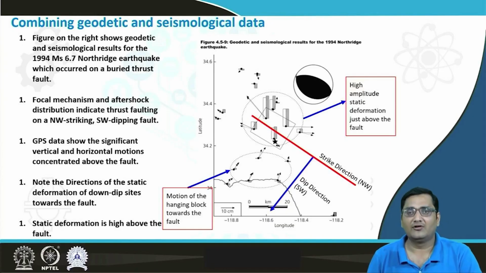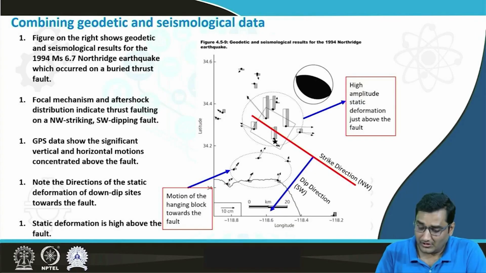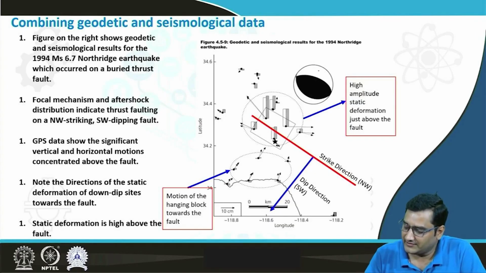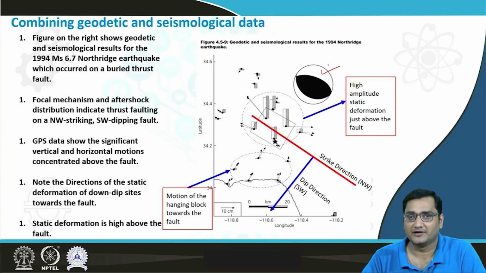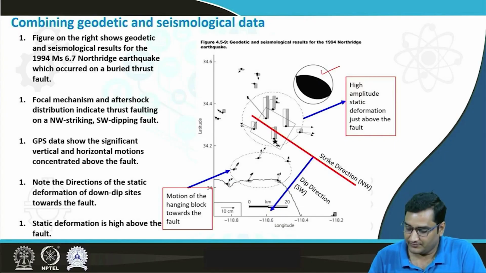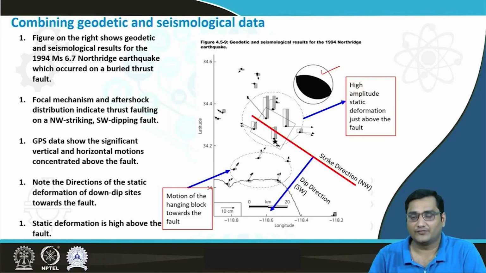It occurred on a buried thrust fault, or you can say blind thrust fault. Using the focal mechanism, you can see this is an example of a focal mechanism here, and the aftershock distribution indicates faulting on a northwest-striking and southwest-dipping fault.